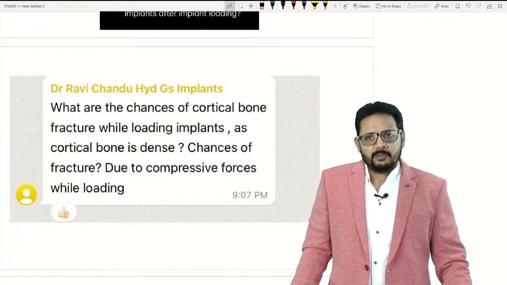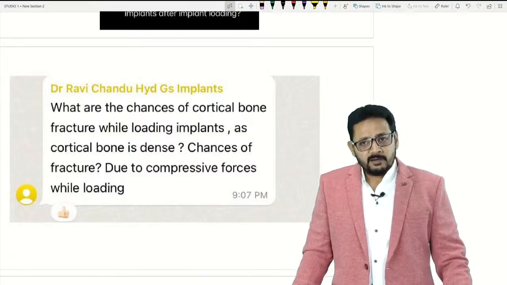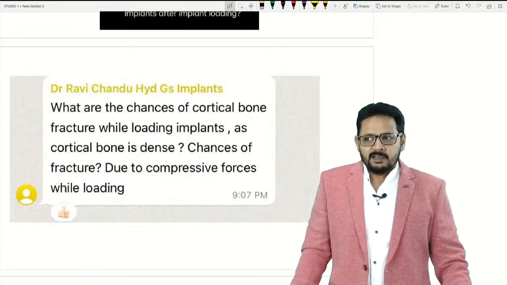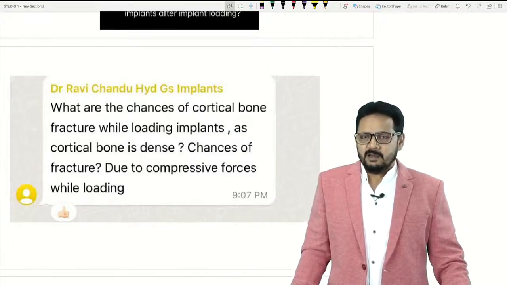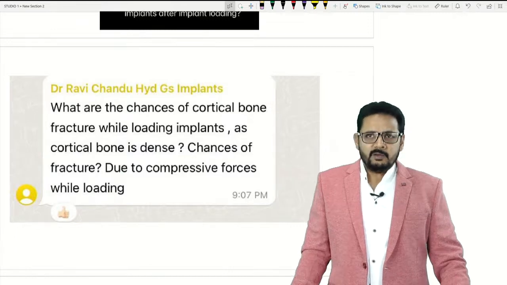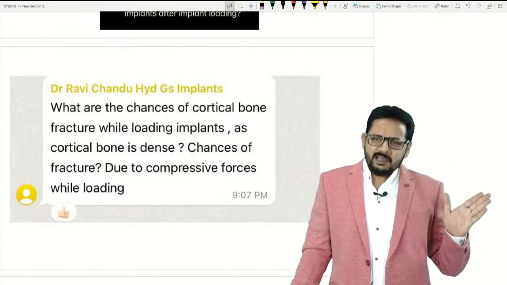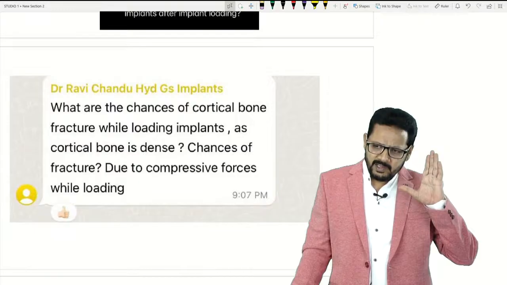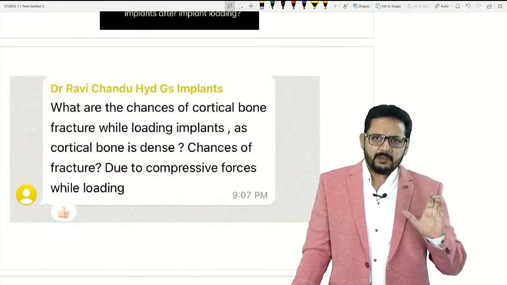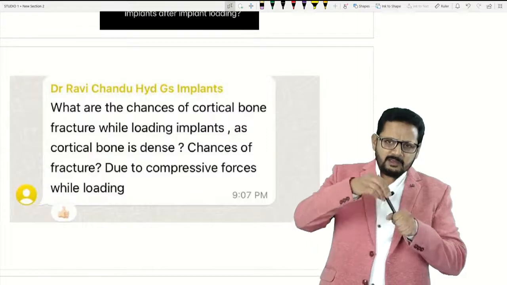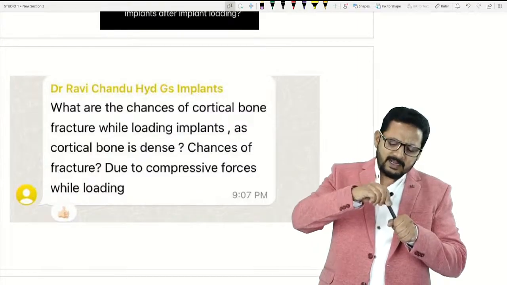And mind you, in single piece implants, we haven't seen any cases of bone fracture because of implant placement. And don't worry, because just like in any tooth extraction, where you are putting any kind of implant, if you get a high torque, retrieve the implant for a couple of turns and then again try to rotate it.